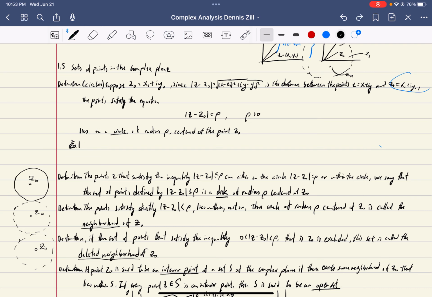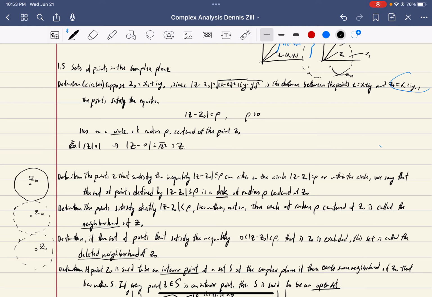Let's say the modulus of z equal to 1. That is an equation of a unit circle centered at the origin. You can think of it as z minus 0, so that is equal to z.